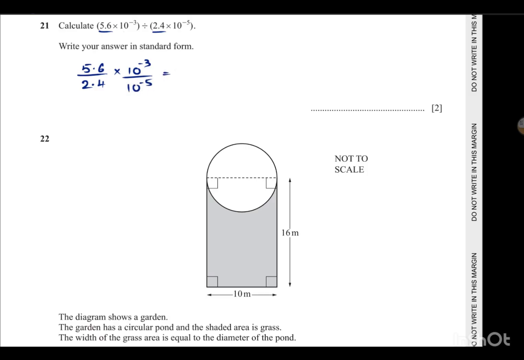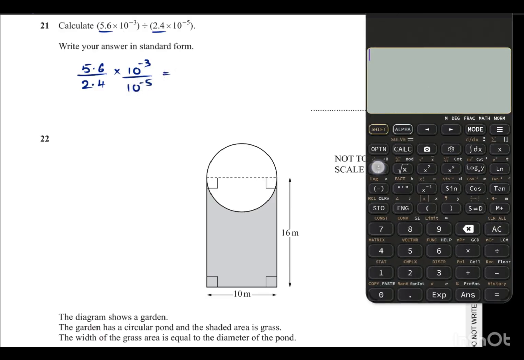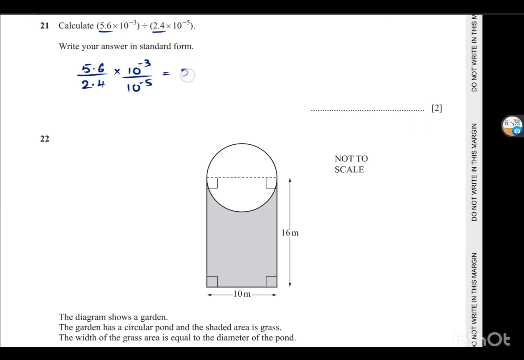So what is 5.6 divided by 2.4? 5.6 divided by 2.4 is 2.33333 and so on. So you can take 2.33 into 10 raised to minus 3 by 10 raised to minus 5, which will be 10 raised to minus 3 minus of minus 5. According to the a raised to m by a raised to n rule, which is a raised to m minus n, the exponents have to be subtracted.